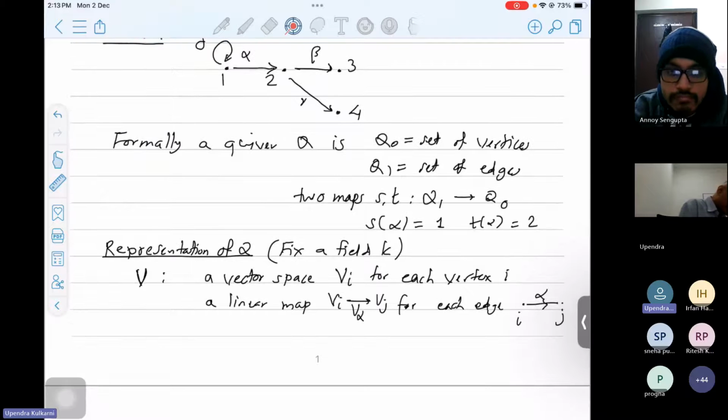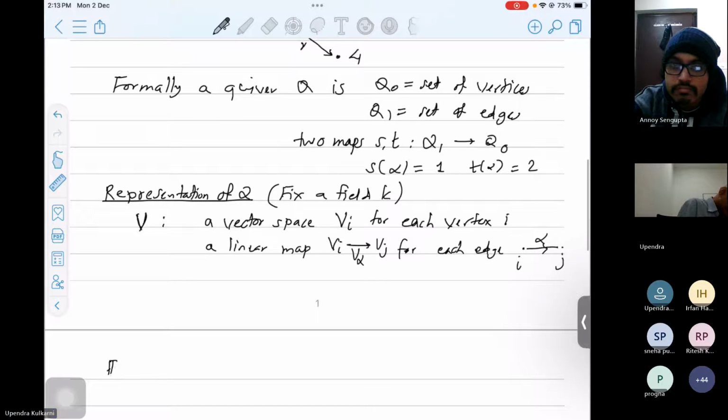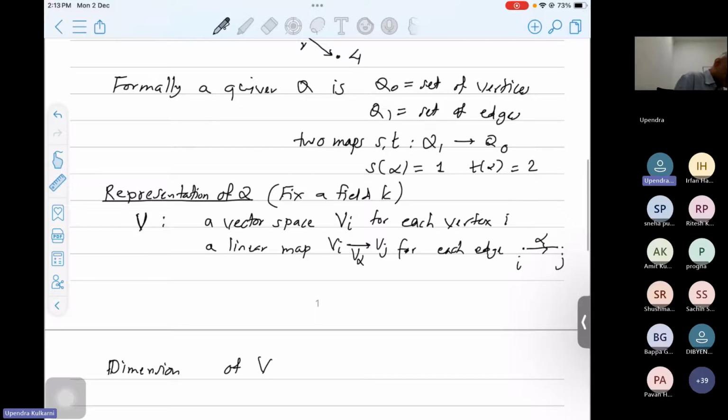And one more piece of terminology: the dimension of V. Now, what is a dimension? It's a bunch of vector spaces, right? So you could add the dimensions, but what we really want to do is keep track of what's happening at every vertex. So we call the dimension vector of V the vector of dimensions of V_i, for i in Q0.